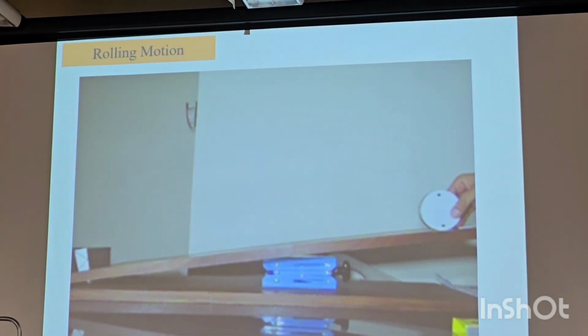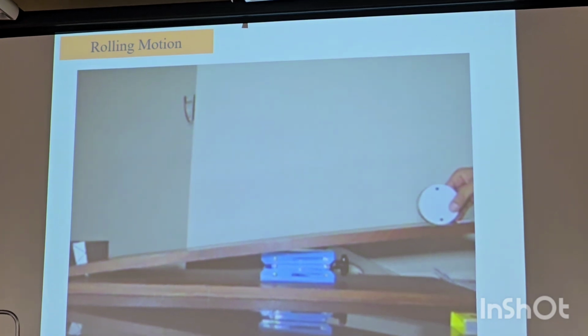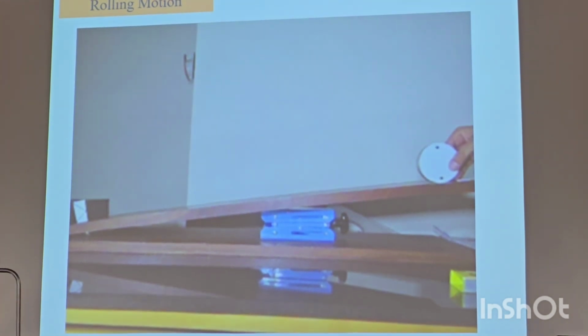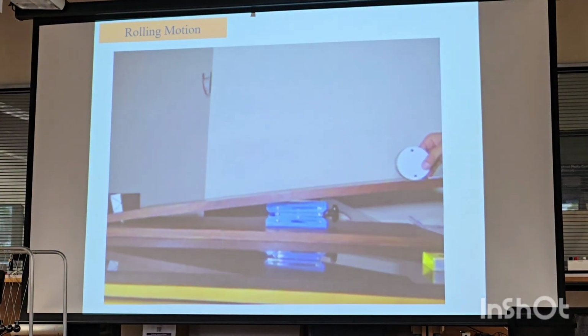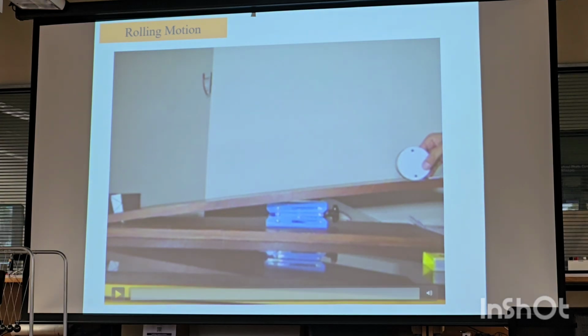Let's look at this example of an object that is rolling down an inclined plane. By the way, all the data that I'm going to show you in this slide is obtained from PhysTrack, our software, and different videos that students have taken over many years. So now we have a cylinder that is rolling down an inclined plane, and we put two markers on this cylinder.